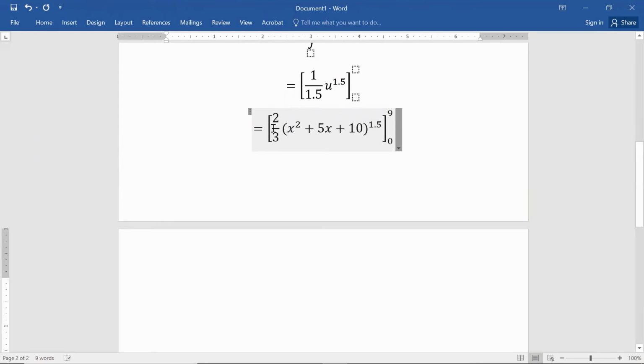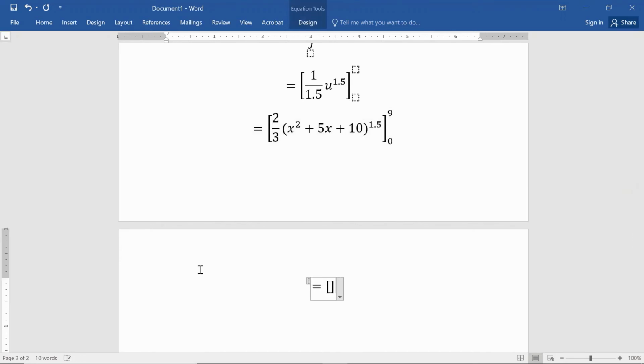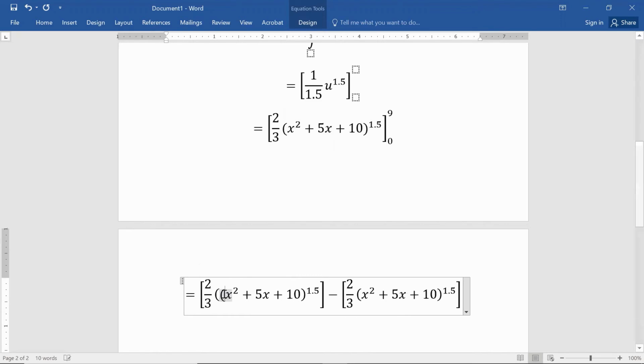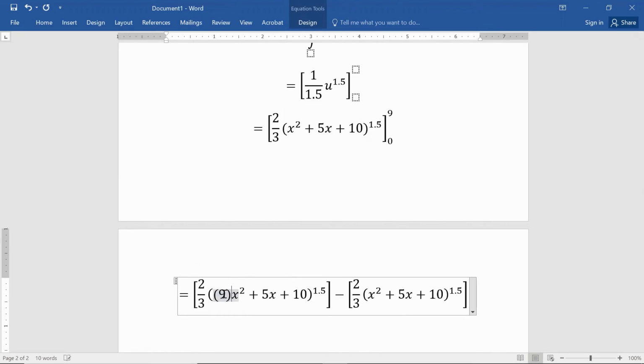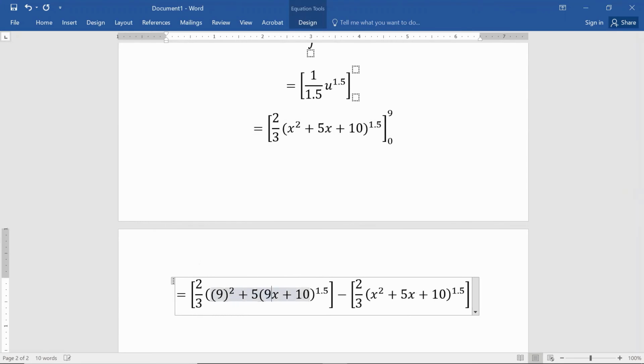Let's go ahead and do that. Plug in 9 minus plug in 0. So plug in 9 first. I would get 9 squared plus 5 times 9 plus 10 on the inside.